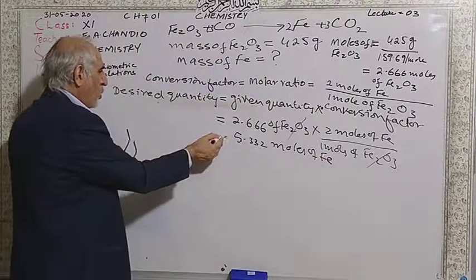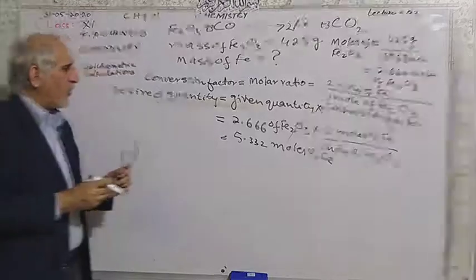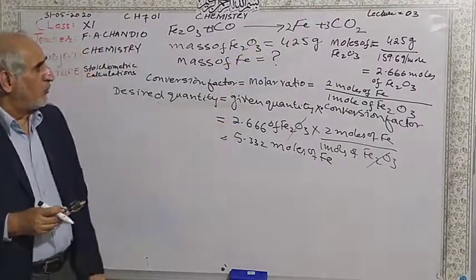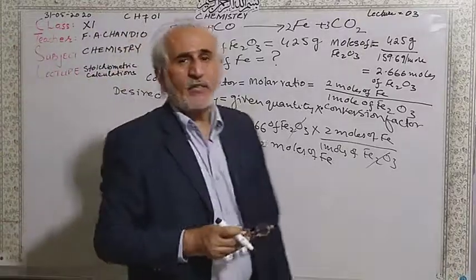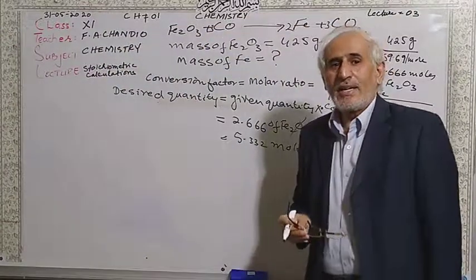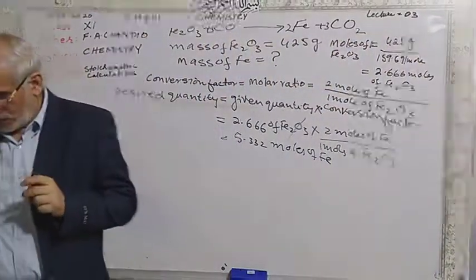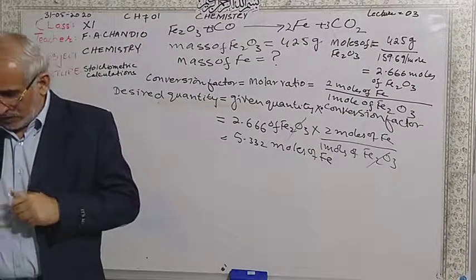These are the number of moles, the desired quantity, of iron from the 425 grams. But the question is to calculate mass. How much mass of iron is going to be calculated here?